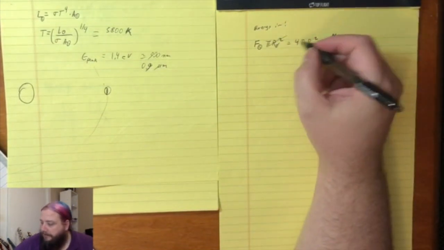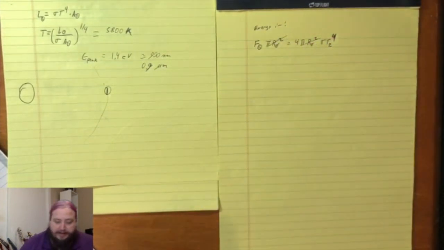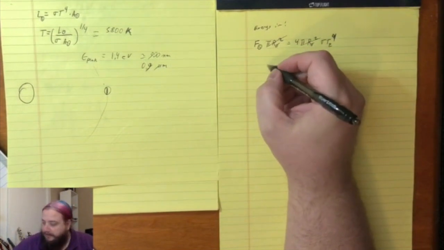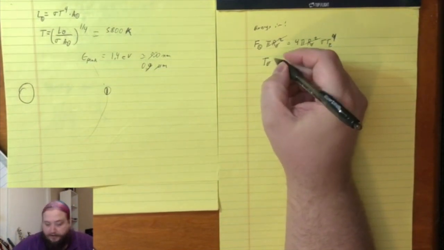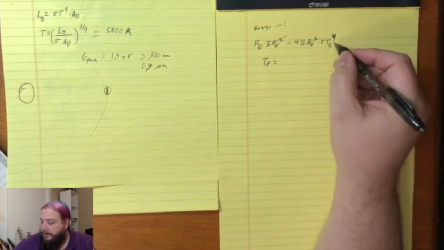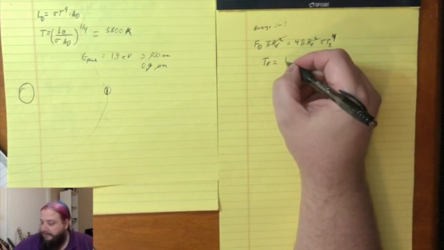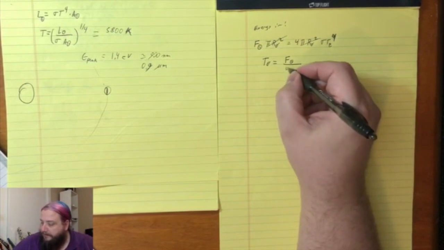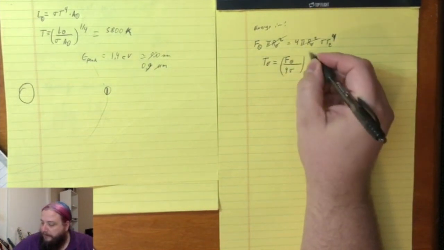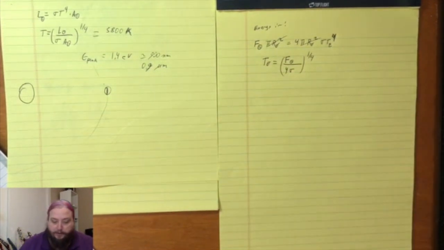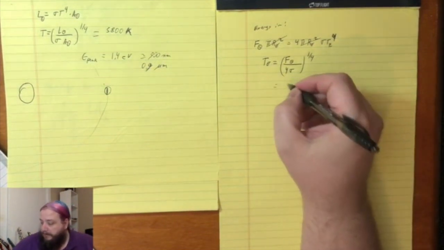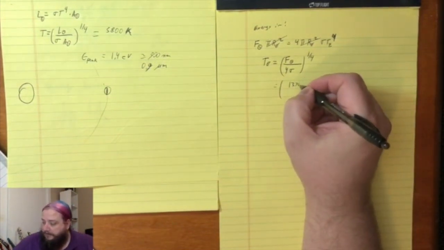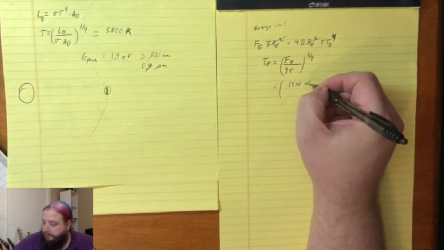Pi's cancel, the radii cancel, and what we're left with is that the temperature of the Earth that we would expect is the solar constant divided by 4 sigma, to the fourth root.